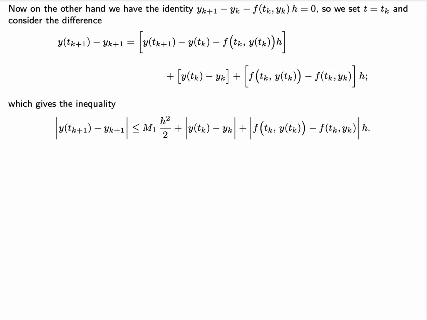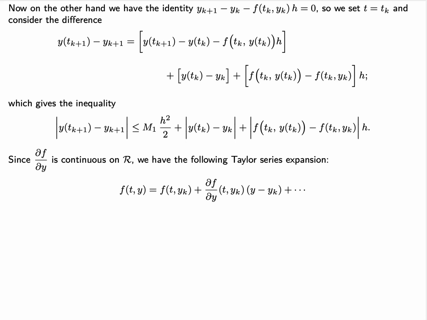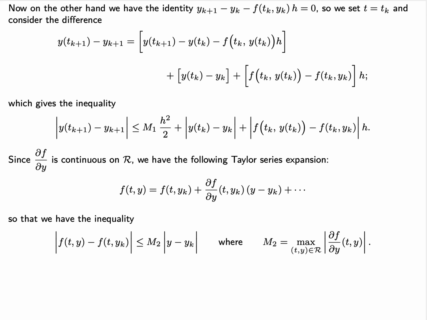Plugging this into the expression that we had before, we now find an inequality that relates the error term at k plus 1 and the error term at k. Again, we use another Taylor series expansion, this time for the function f around the y variable, to then find that we have the inequality, the absolute value of f minus f evaluated at y sub k is less than or equal to m sub 2 times the absolute value of y minus y sub k.